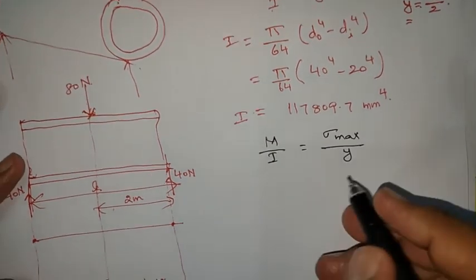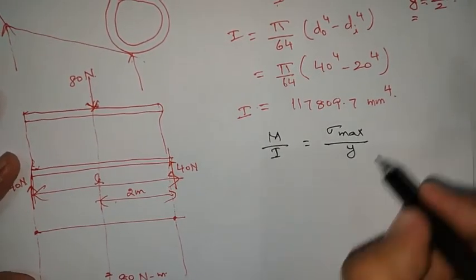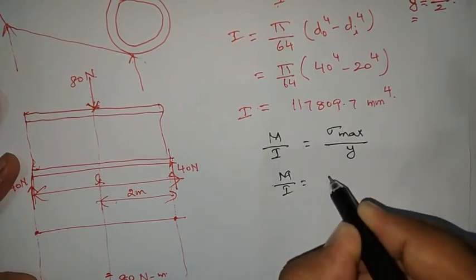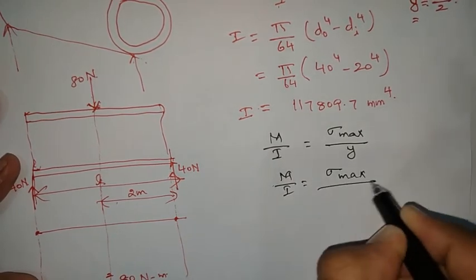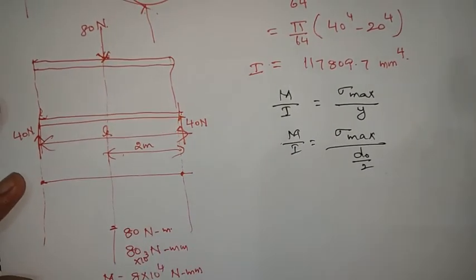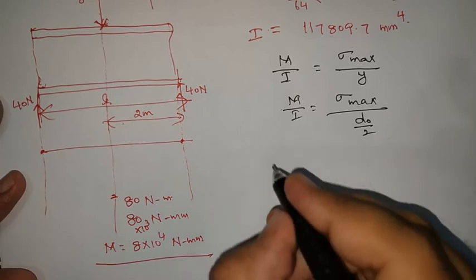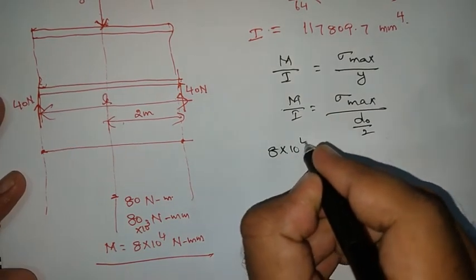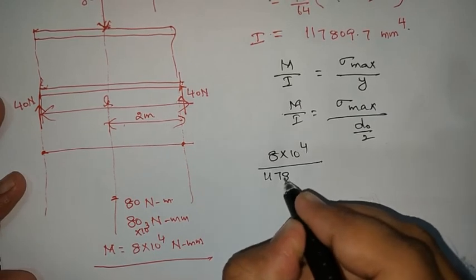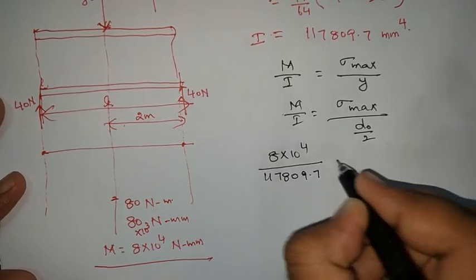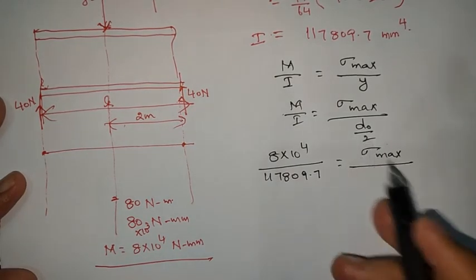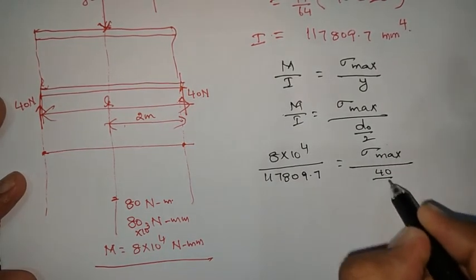M value, I, is equal to sigma max by y, where y value is D0 by 2. So now substitute all values. M value 8 into 10 power 4 divided by I value 117809.7 equals sigma max by D0 value, 40 by 2.